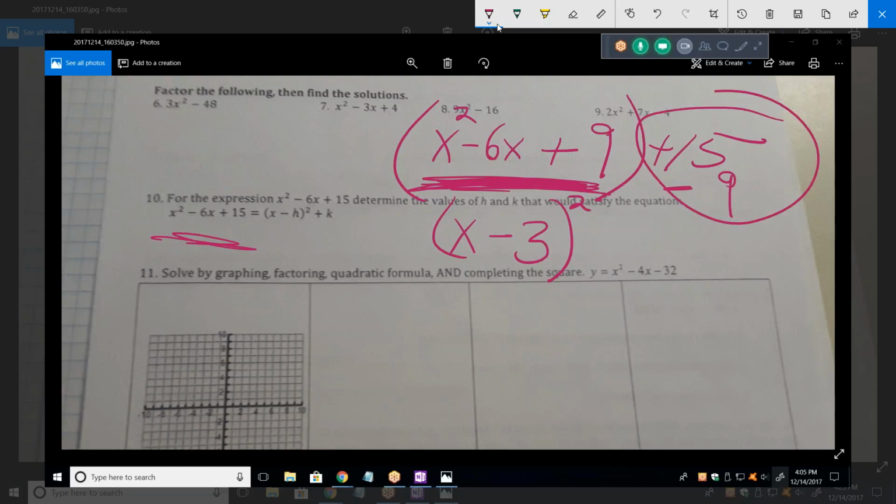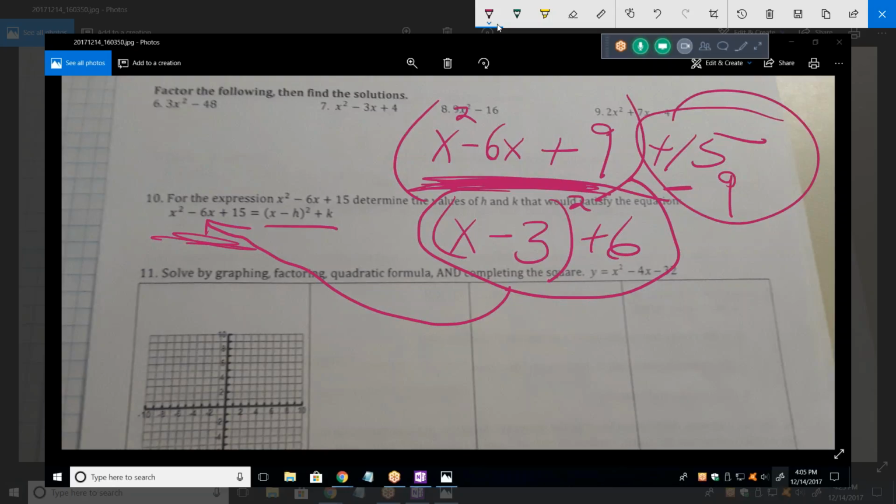Now you got to combine those two numbers. Plus 6. Okay, this right here is identical to this, just in a different format. But it happens to be in this format precisely. So tell me what h and k are. 3 and 6.